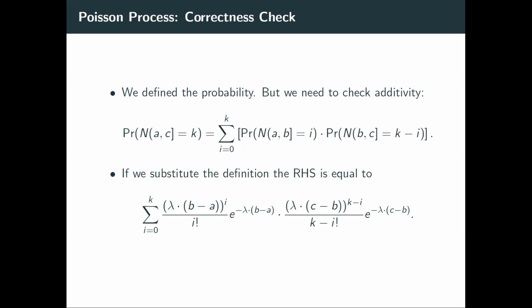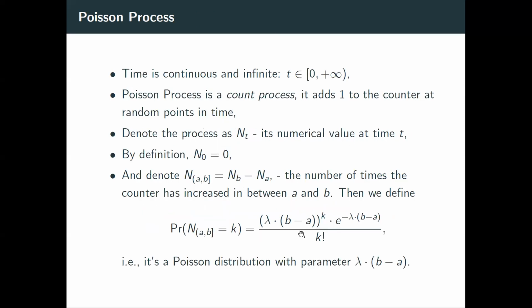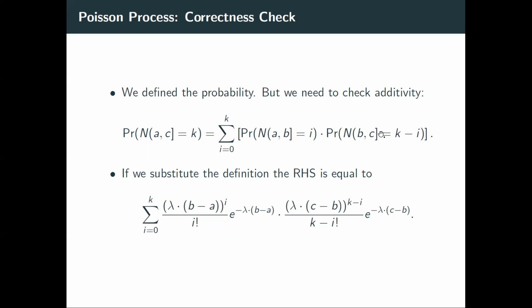To check that it's a correctly defined distribution, you need to check that, for instance, you have some time period, let's say from A to C, and you can divide it with some B into time periods from A to B and from B to C. From A to B, you have some probability distribution on how many events can happen, and from B to C, you also have a probability distribution on how many events can happen there.